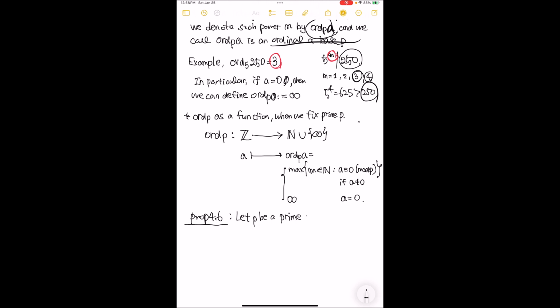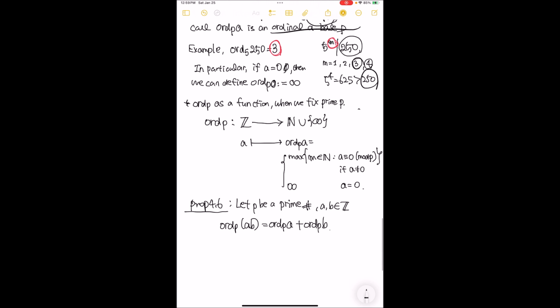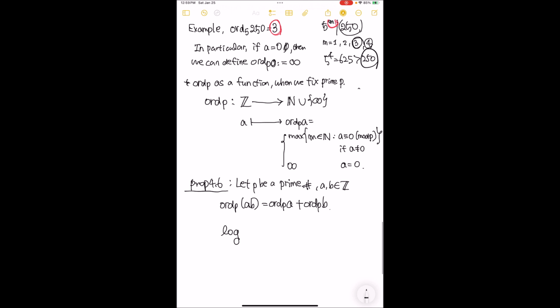Let p be a prime number and a, b integers, then we satisfy a logarithm-like formula. In the case of log, those rules are satisfied, and the log base a also satisfies the formula.